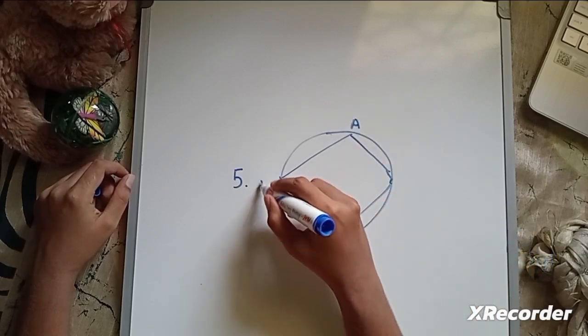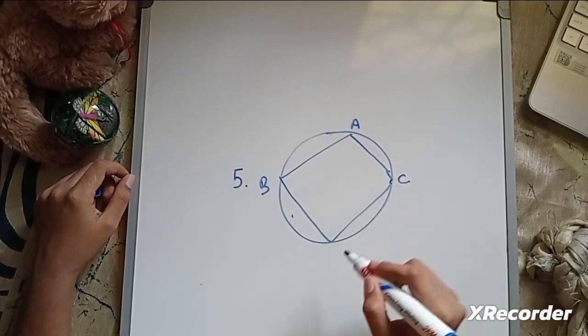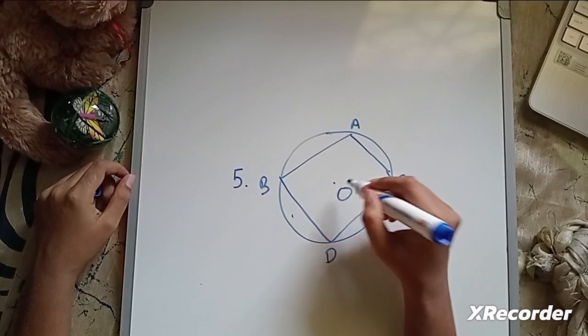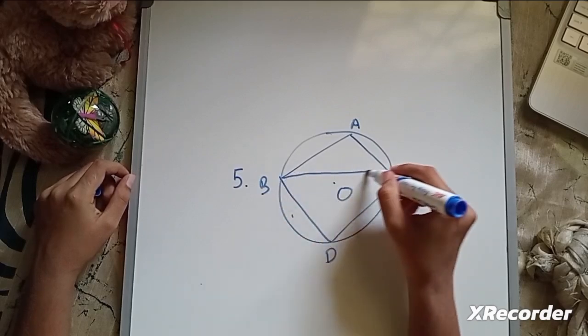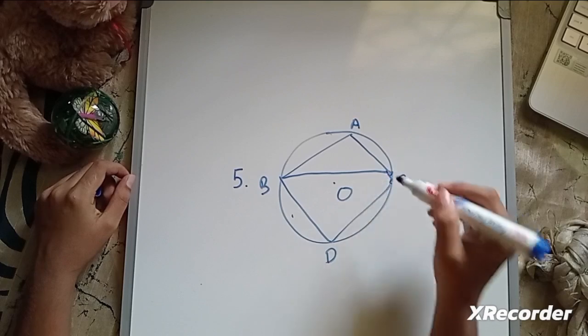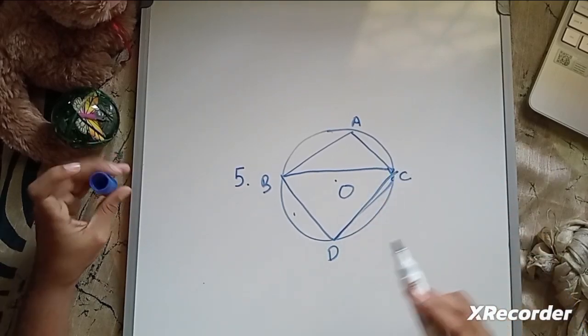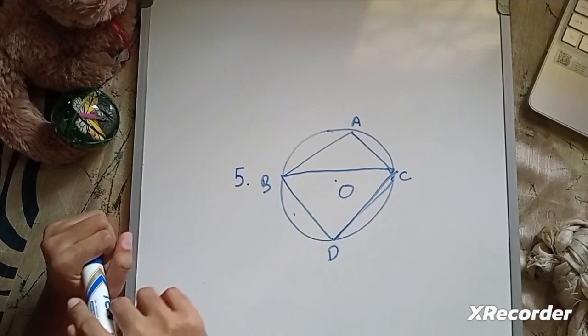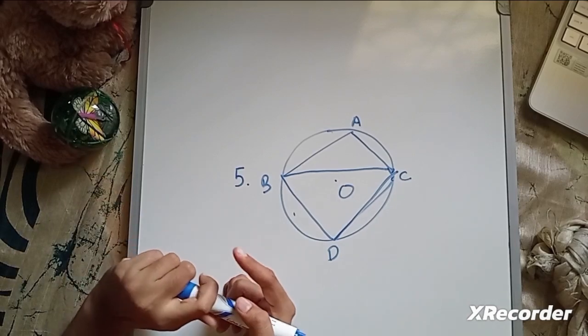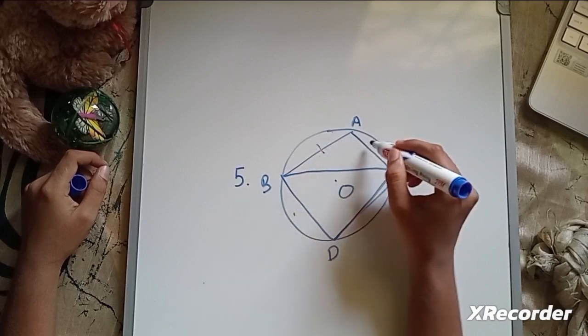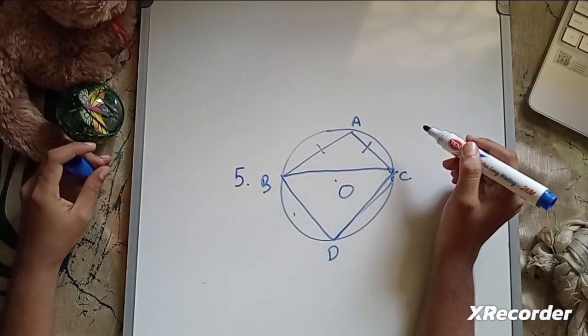A, B, C and D. So here it is the center. There is a line between B and C. AB equals AC. So you can mark it like that.